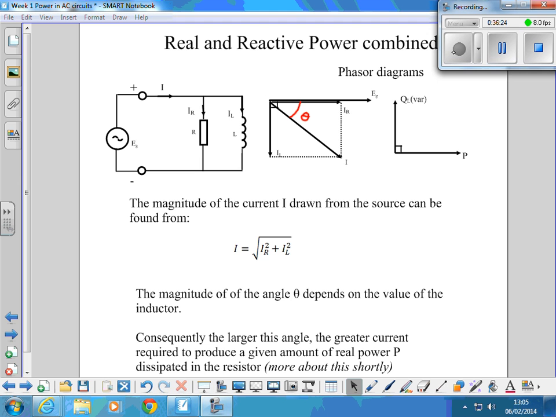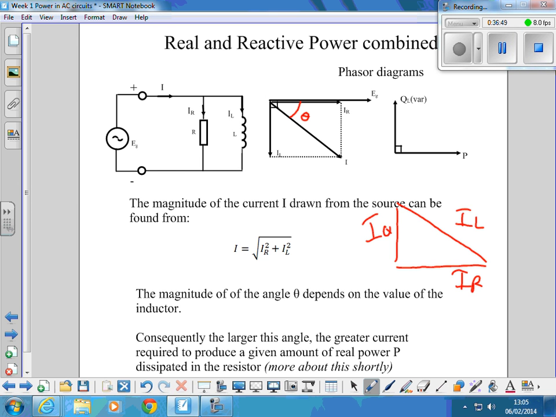So we've got a triangle situation here where we've got an in phase current IR, we've got an out of phase, 90 degrees out of phase current IQ, and we've got a line current IL that is the hypotenuse of a right angle triangle.